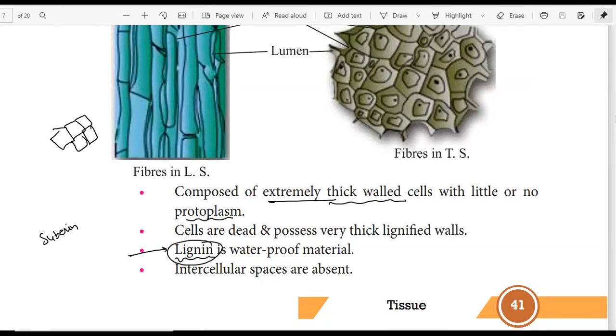And the other one is suberin, which was present as a supporting or waterproofing material, a waxy substance, between the cells of cork or phellem. Suberin is also a waxy substance that makes it impervious, blocking the entry of water or anything else in the cork or woody regions that we have.